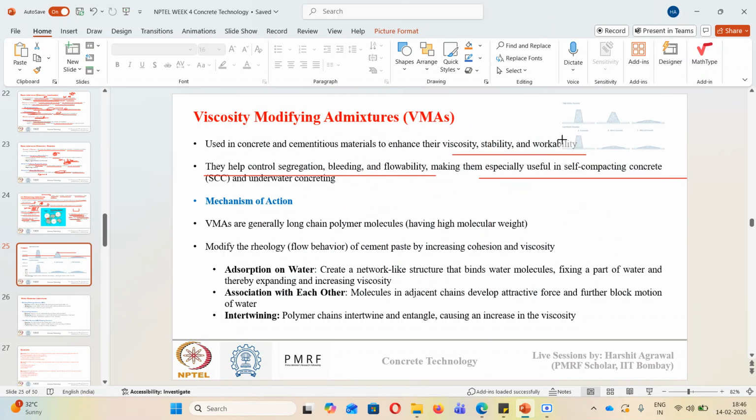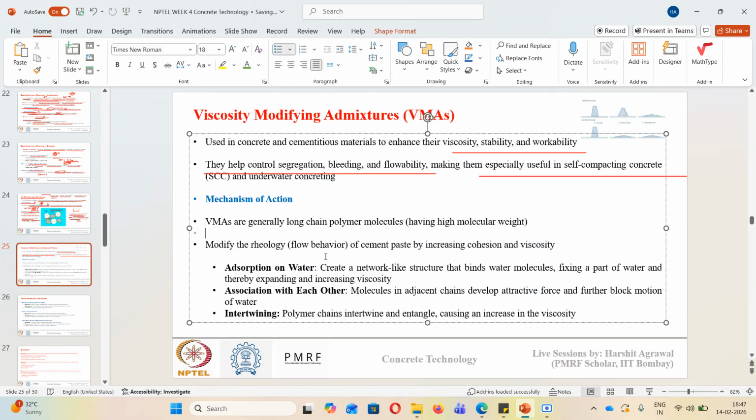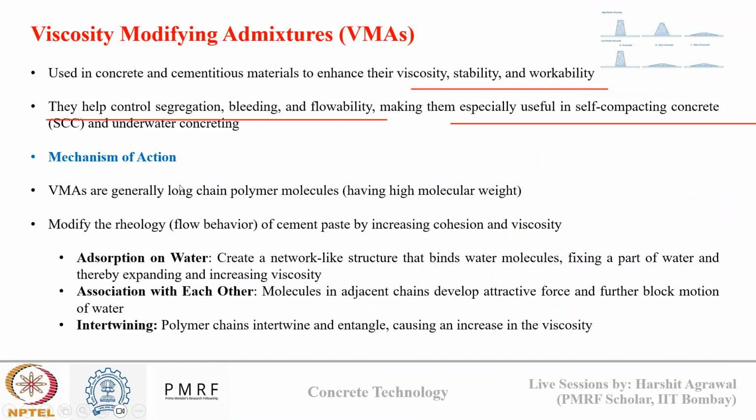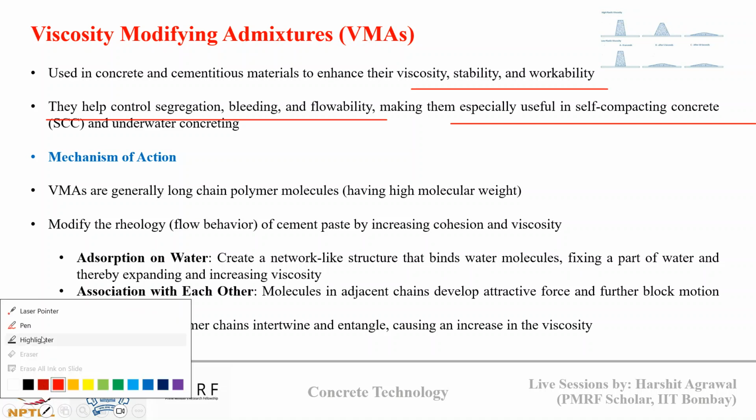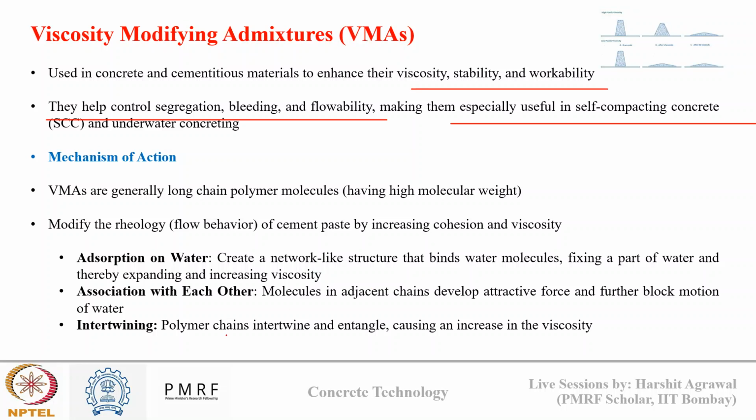So how does this admixture work? Again, they are long chains of polymer molecules, and they modify the flow behavior of cement paste by increasing the cohesiveness and the viscosity of cement paste. They absorb water, and they increase the viscosity. They are associated with each other, interlinked to each other, and they increase the viscosity.